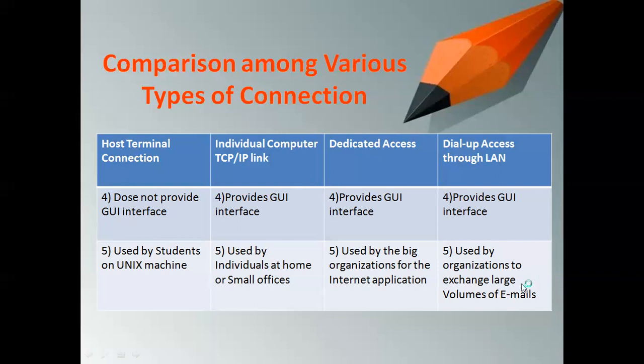They want to work with emails the whole day, so such big organizations can use dial-up access through LAN. So I hope you understand this comparison between these four types of connection. And now finally we are going to learn how to connect to the internet.